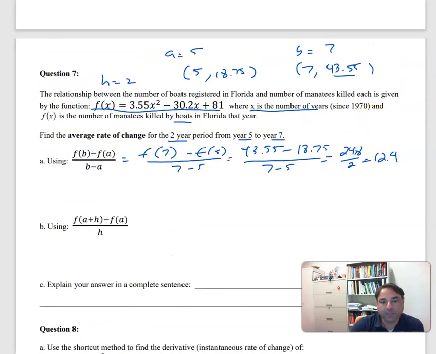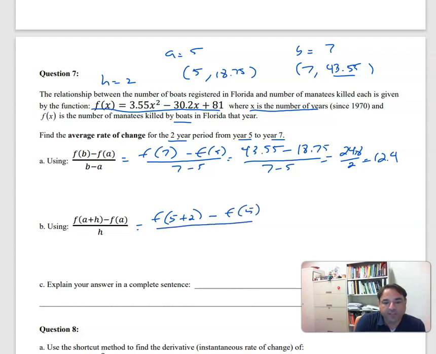Then the second one, again, just filling in the formula, f of a was 5, plus 2. So it's 2 years later, minus f of 5, where you started, over h is 2.